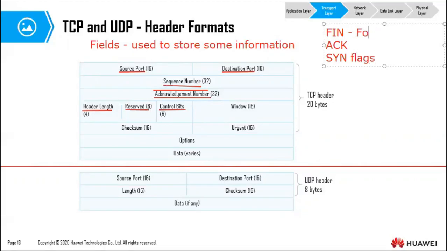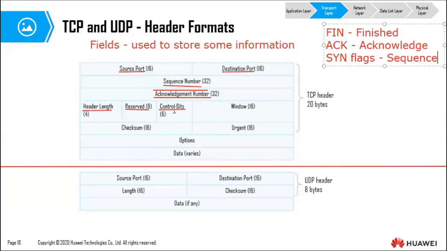FIN simply means, as you might have already guessed, finished. ACK means acknowledge. SYN is really for synchronizing sequence numbers or something like that. We are going to see what each one of them means.